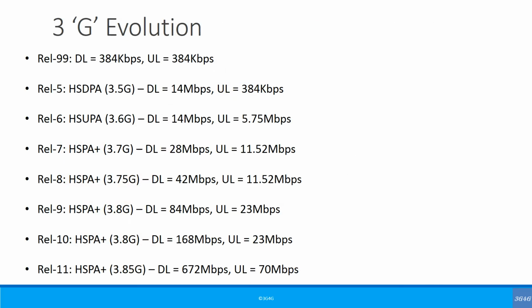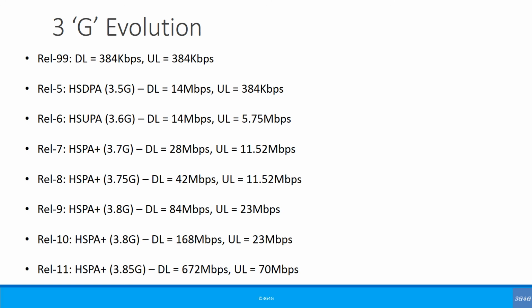So 3G, the normal UMTS, had different evolution steps as well, because the release 99, which is the first 3G system, only supported 384 kbps downlink and uplink in theory. In practice, the data rates were quite poor. So it was evolved to 3.5G HSDPA, which supported much better data rates in downlink but the same uplink data rates.